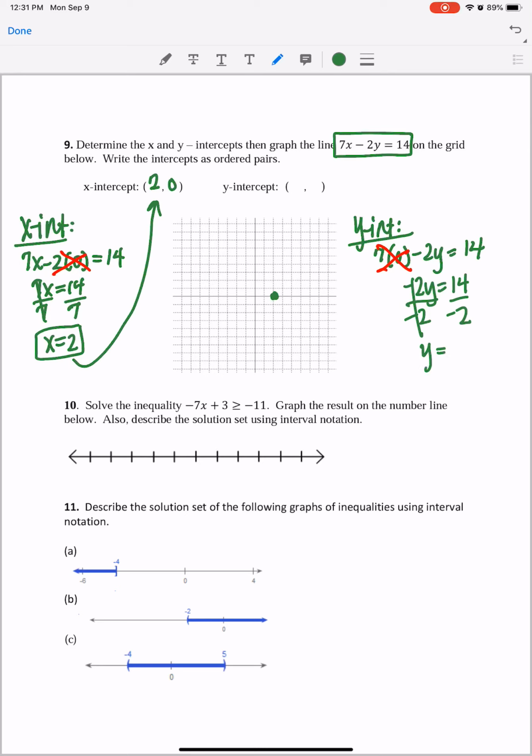And we get y equals negative 7. So ordered pair, that means in place of y, we're putting in a negative 7. What did we put in for x? 0. So now along the y-axis, we're going to go down 1, 2, 3, 4, 5, 6, 7. And so here's your line.